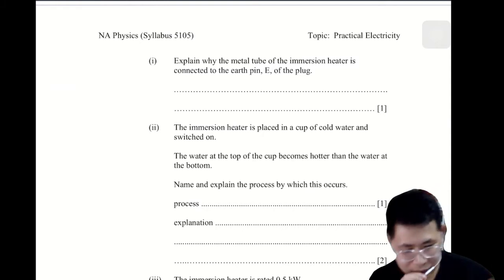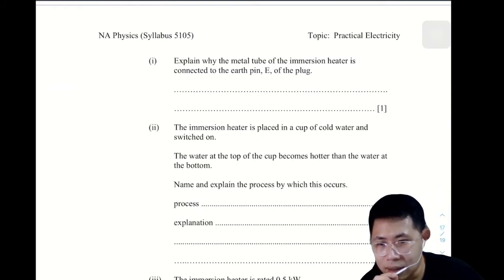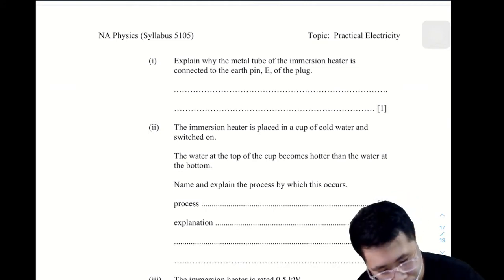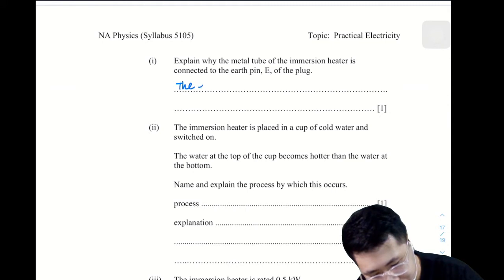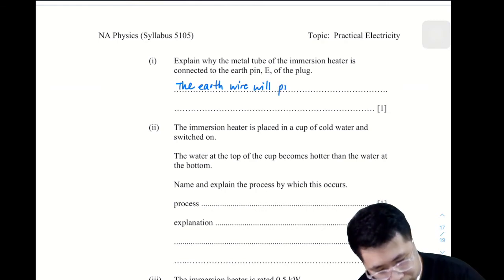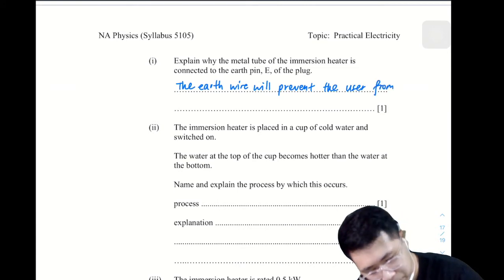So you can write here that the earth wire will prevent the user from getting electrocuted.